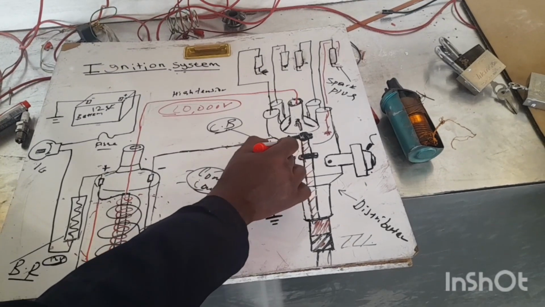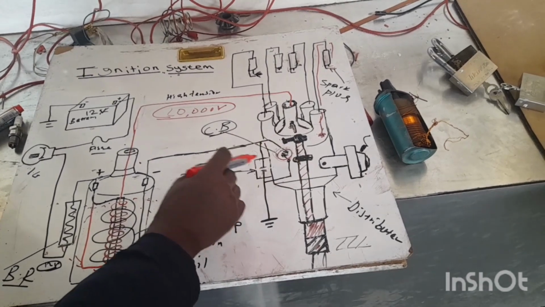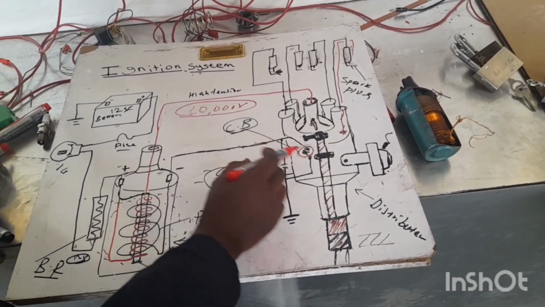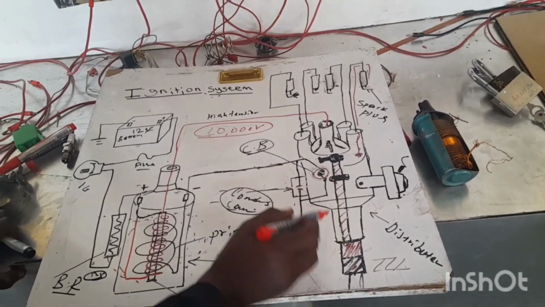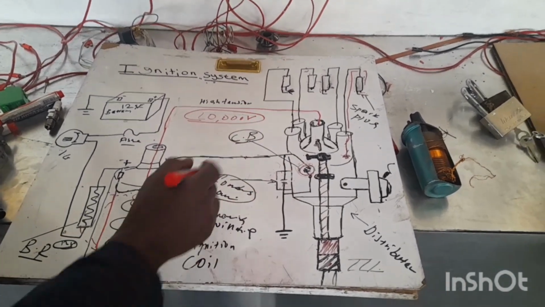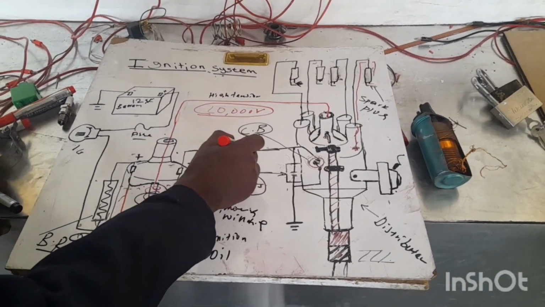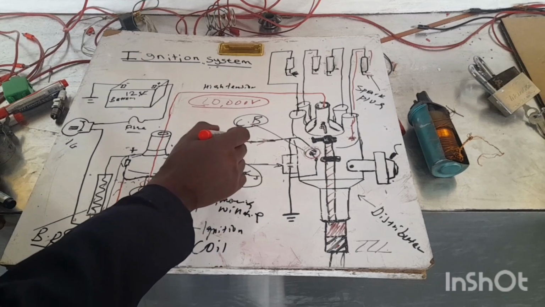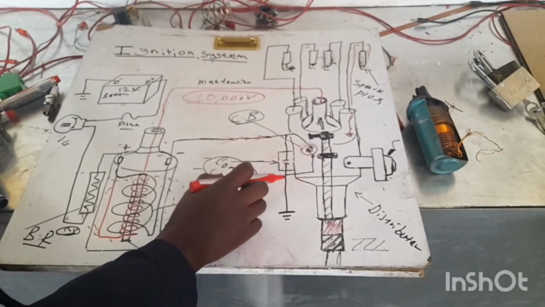When the contact breaker point is open, there is no ground, since the circuit is open. The first direction of current is like this, and then ground.